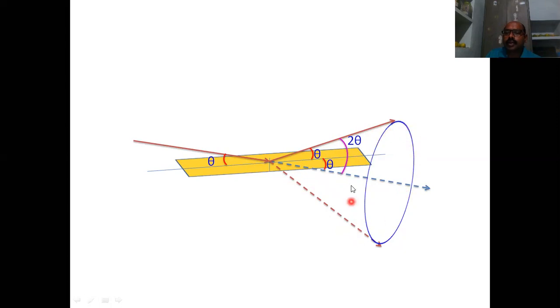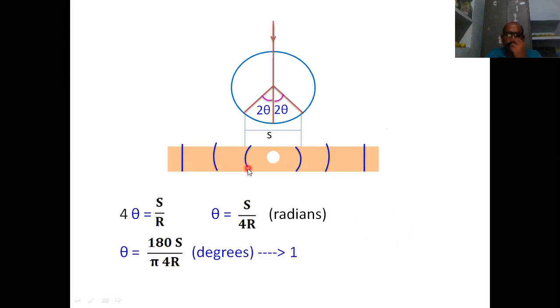Actually cone type X-rays pass, but this cone intersects our film on two arcs, one arc and another arc. That we observe here. Actually it is a cone, it intersects here and it intersects the film here. As the angle increases, the radius of curvature increases. Later we get these curves.